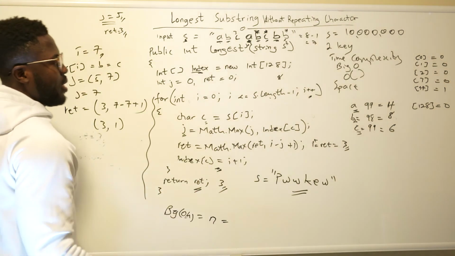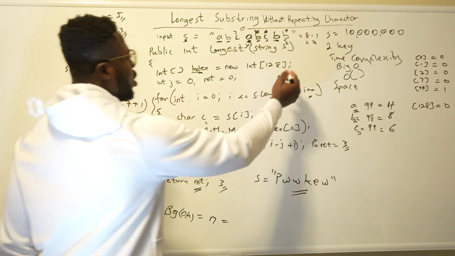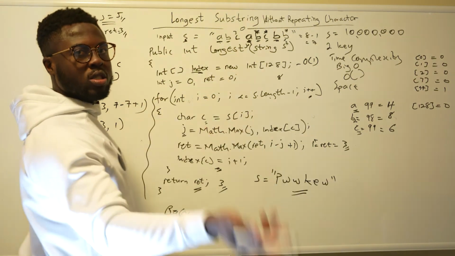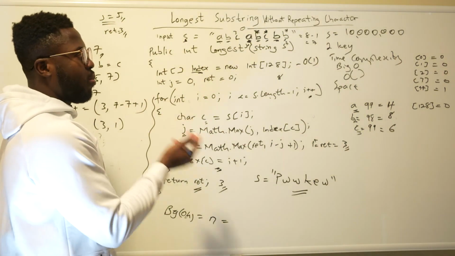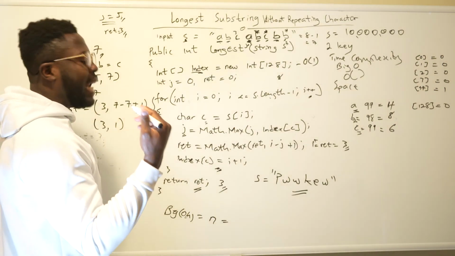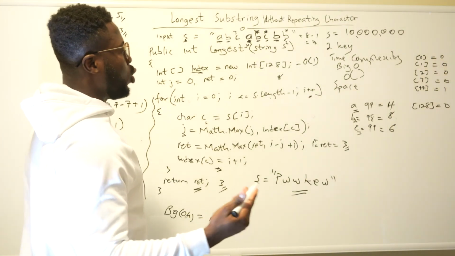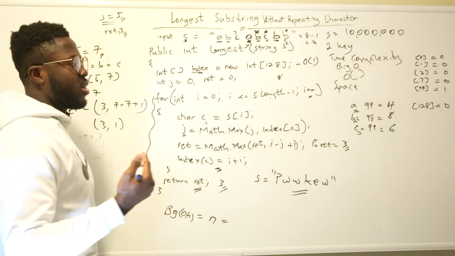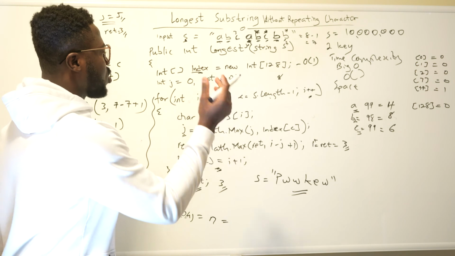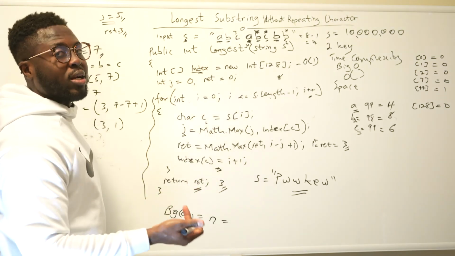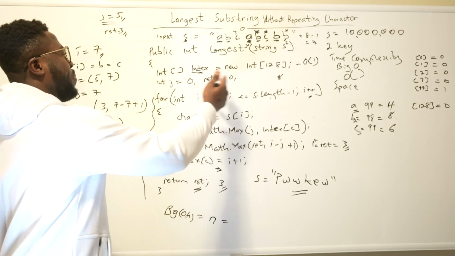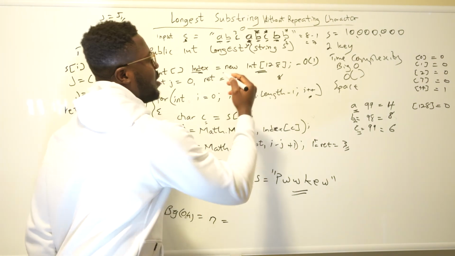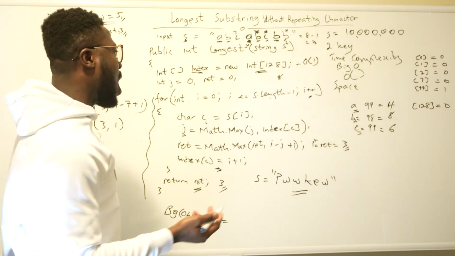And the space complexity is going to be O of 1. We have a constant space complexity and we have a linear big O notation, right? And that is what we have. So this is going to be run on a linear time, and the space is going to be constant because we pretty much have a fixed size of array declared.